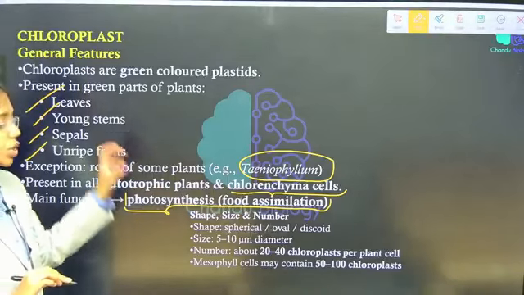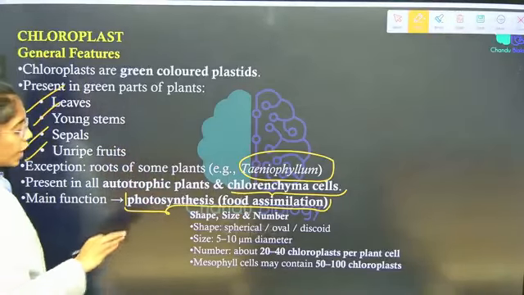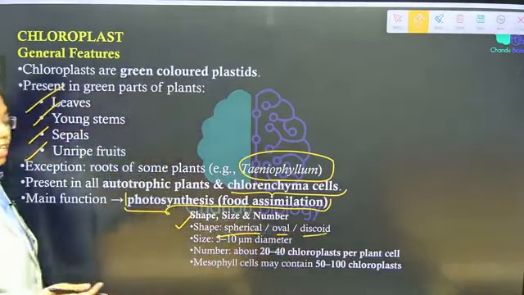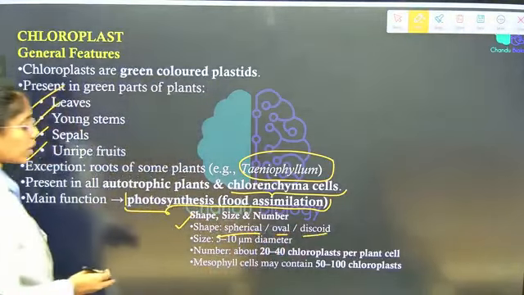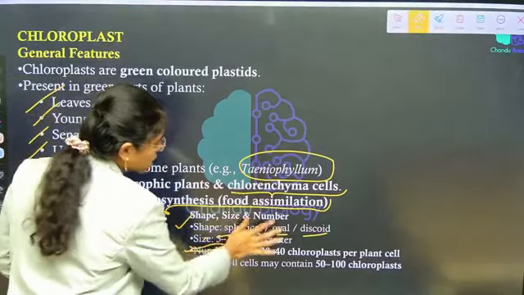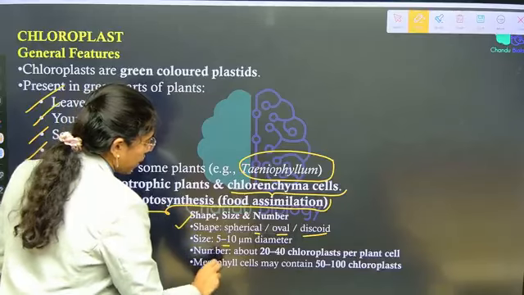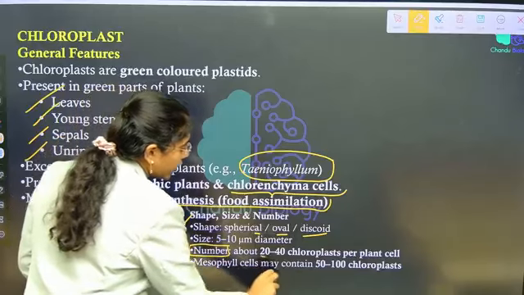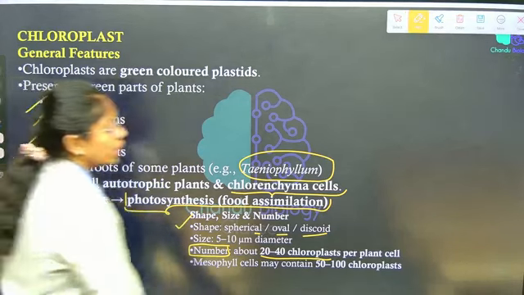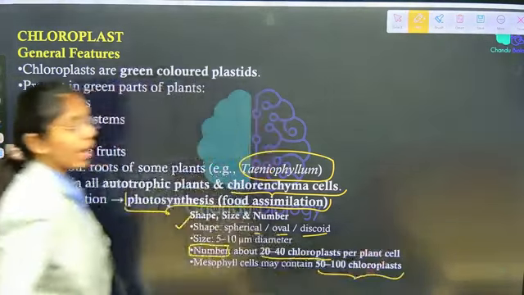If you look into the shape, size and number, the shape of the chloroplast can be spherical, oval or discoid. Size is 5 to 10 micrometers in diameter. The number is around 20 to 40 chloroplasts per cell. Mesophyll cells may contain 50 to 100 chloroplasts.